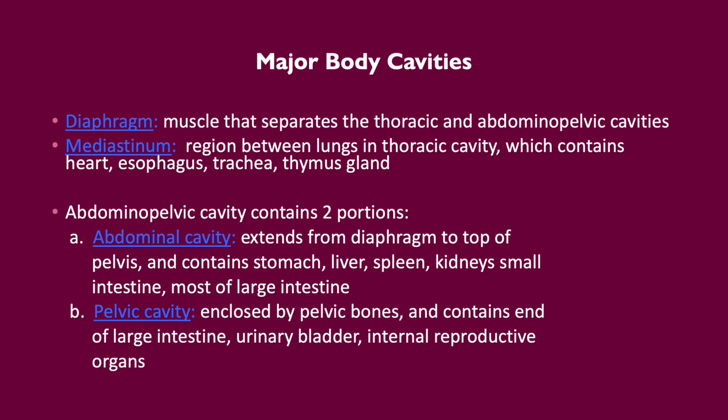Then you have the second part of the word, pelvic, and that is the pelvic cavity, and it is enclosed by the pelvic bones, and contains the end of the large intestine, urinary bladder, and internal reproductive organs.